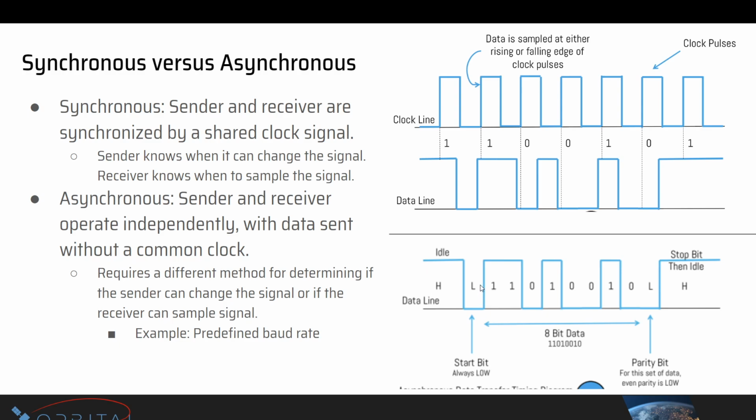Once the device sees it go low, it knows it should expect data at one divided by the baud rate hertz, and it'll start sampling it. Okay. Were there any other questions before?